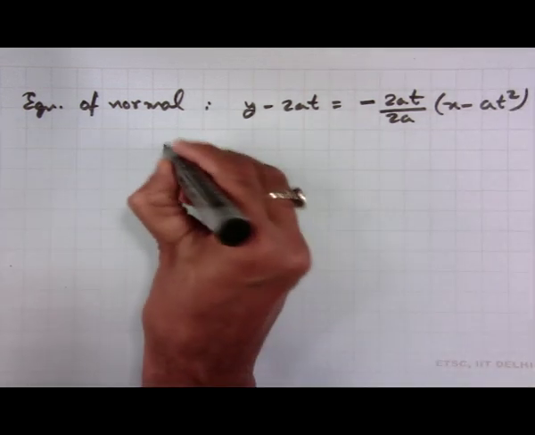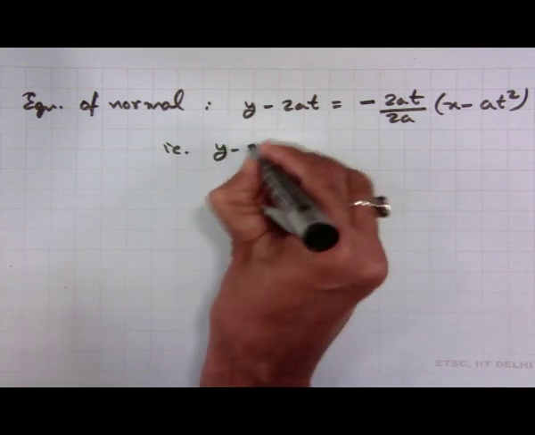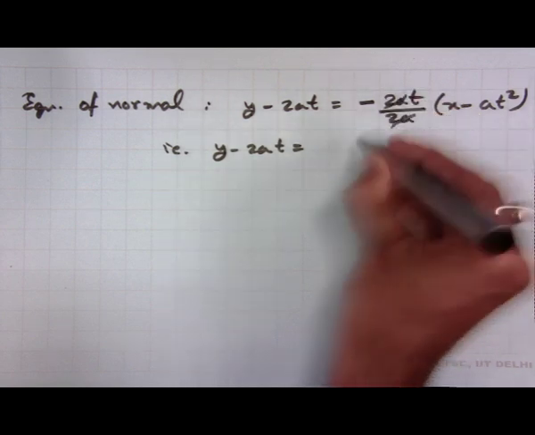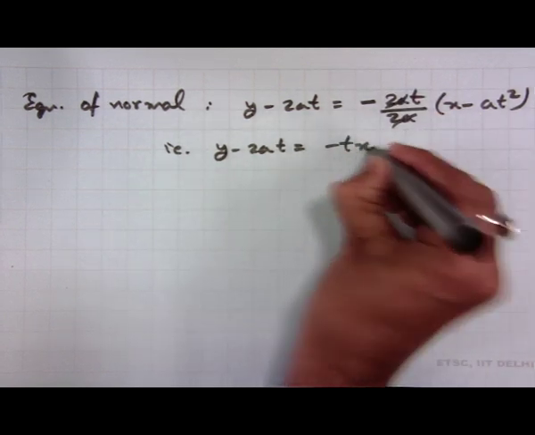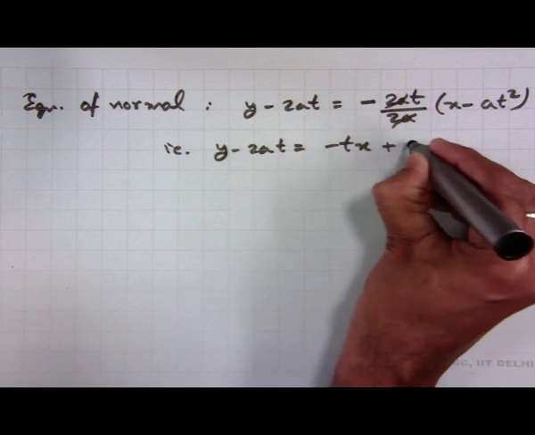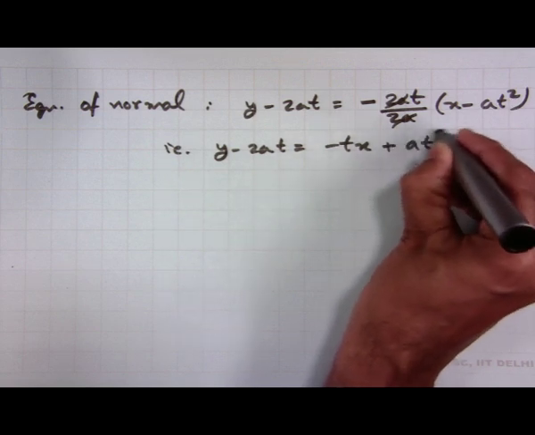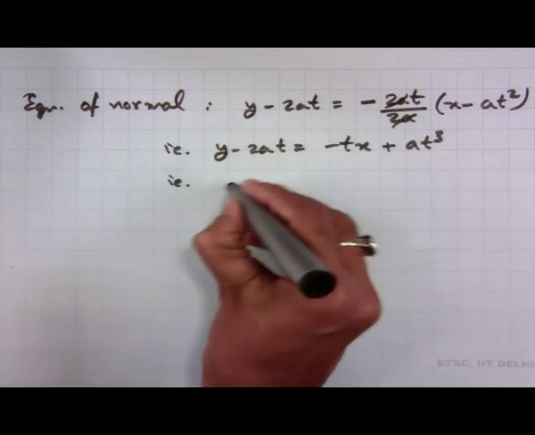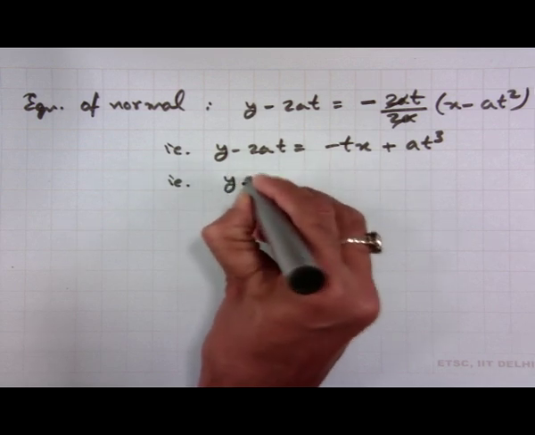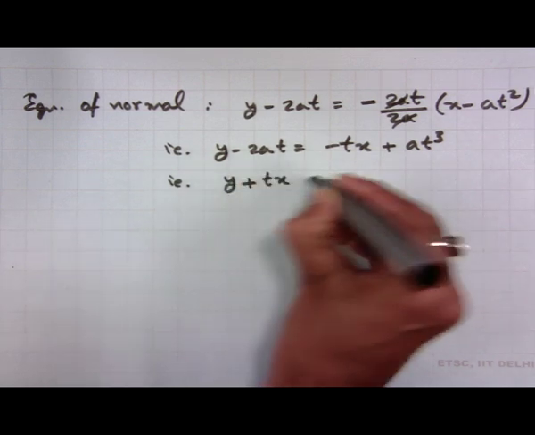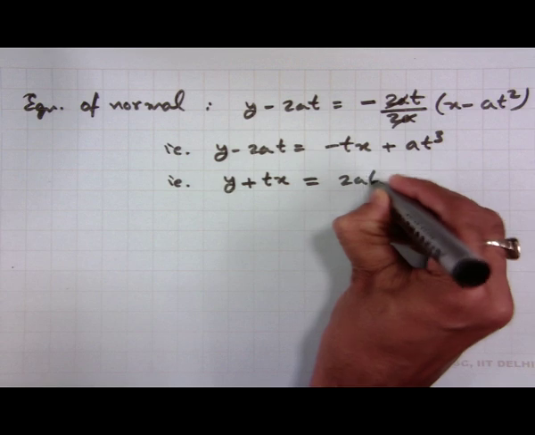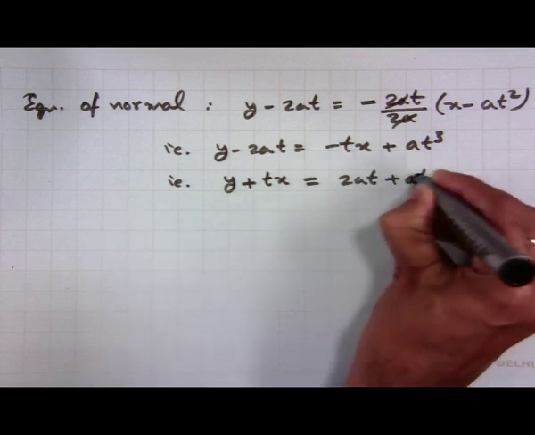That is, y minus 2 a t equal to minus t x plus a t cube, which can be written as y plus t x equal to 2 a t plus a t cube.